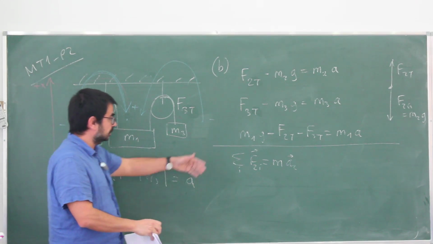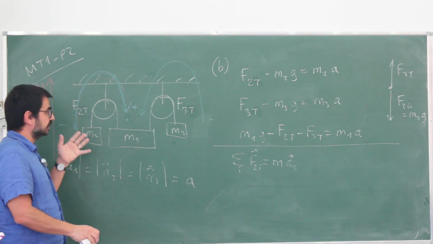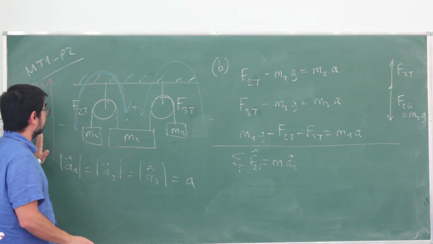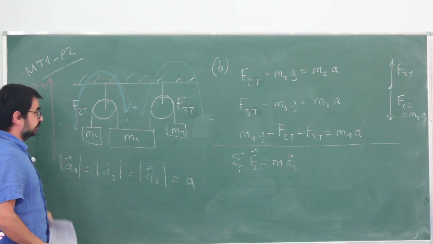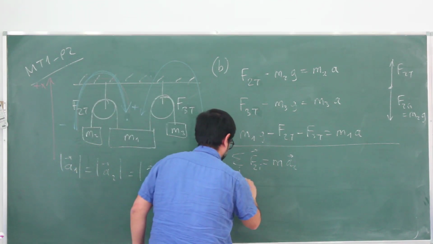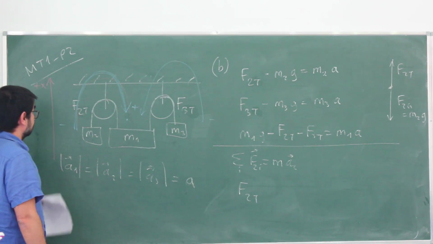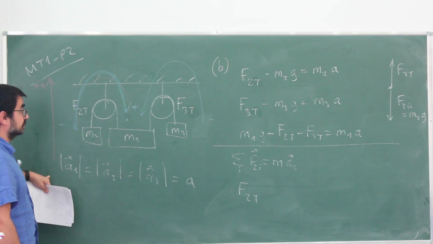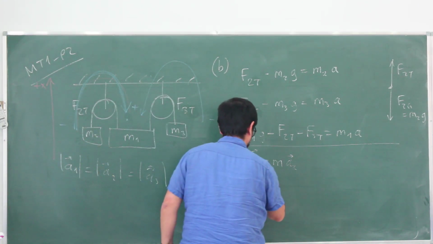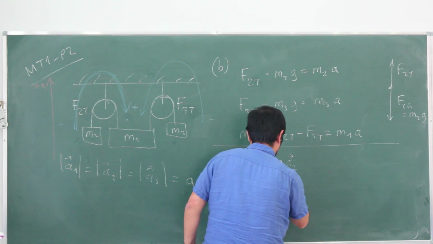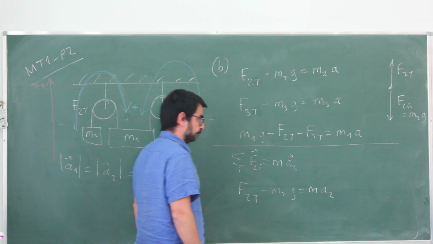This is, of course, generally 3 equations, but we're in a one-dimensional problem, so it has just one component, and we call that component x. Now, in that coordinate system, the tension is positive, so this is F2T. In that coordinate system, g is going to be negative, so minus m2g is going to be m times A2.